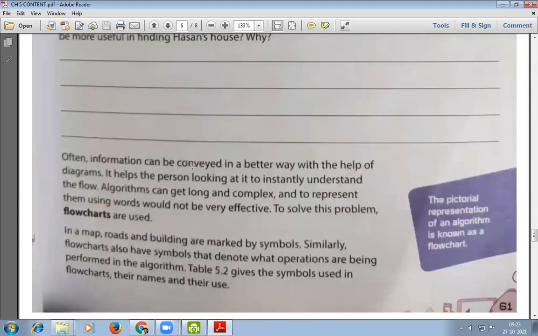Often information can be conveyed in a better way with the help of diagrams. It helps the person looking at it to instantly understand the flow. Algorithms can get long and complex, and to represent them using words would not be very effective. To solve this problem, flowcharts are used.